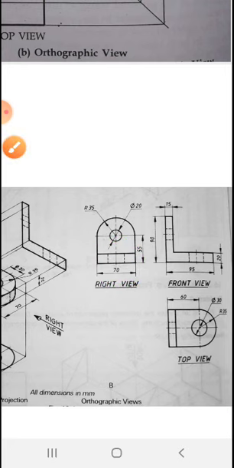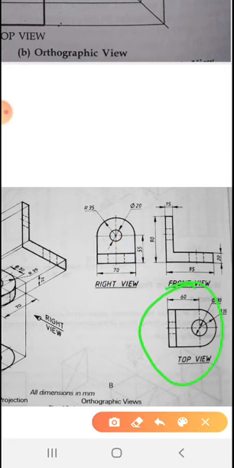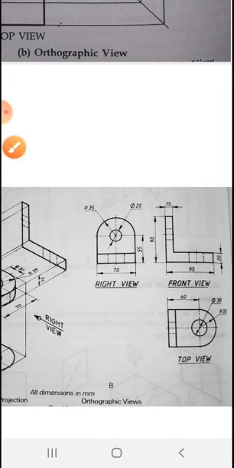And what about the top view? This is the top view. In the top view, the semicircular end has a radius of 35 mm.